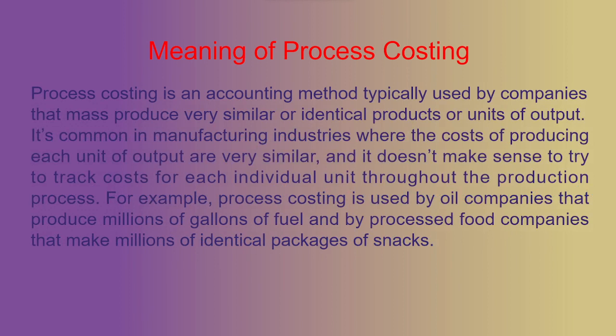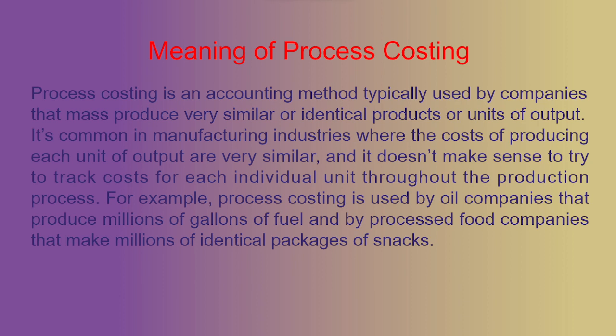Now, let me discuss the meaning of process costing. It is an accounting method typically used by many companies which normally produce in mass very similar or identical products, in units of output.